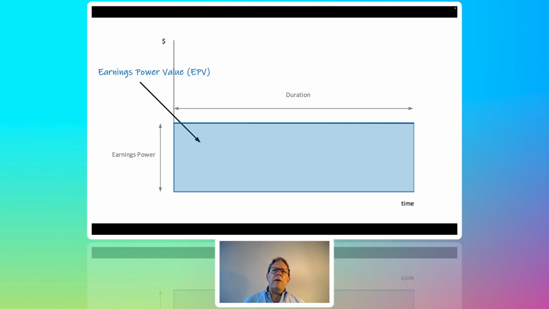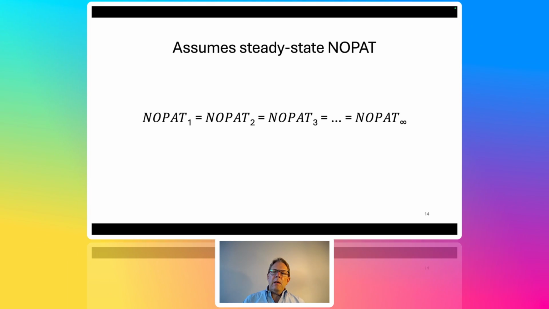I'm covering ground I already covered in the prior video, but I wanted to set this up because one thing that's really important to recognize is we're assuming that steady state earnings power. Right? We just walked through it, that 10-year sort of forecast. So the question becomes, if a company's profitable and doing well, that's going to attract competition, right? So it assumes that NOPAT 1 equals NOPAT 2 equals NOPAT 3 equals NOPAT infinity, out to infinity.